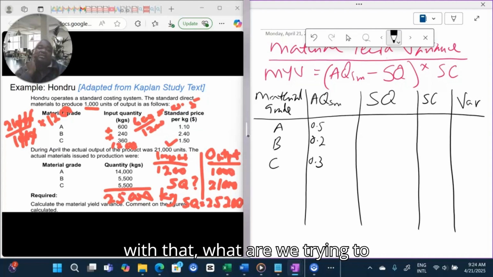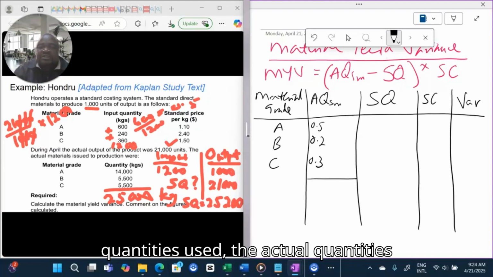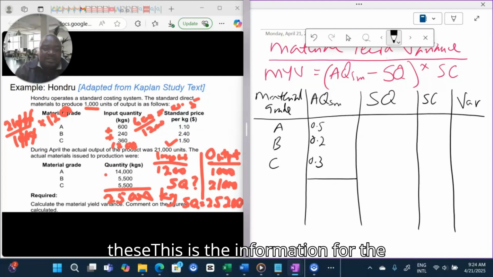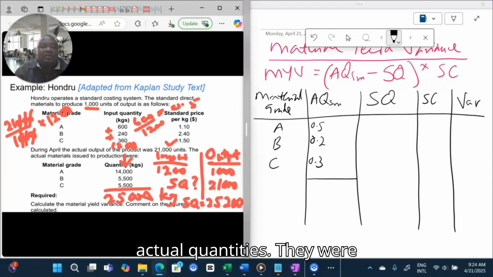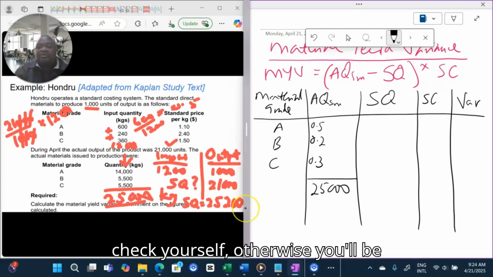Okay, what are we trying to do here? We know the actual quantities of materials were added, and this is the information for the actual quantities. They were a total of 25,000. So you just slot in your 25,000 here to check yourself, otherwise you'll be confused.